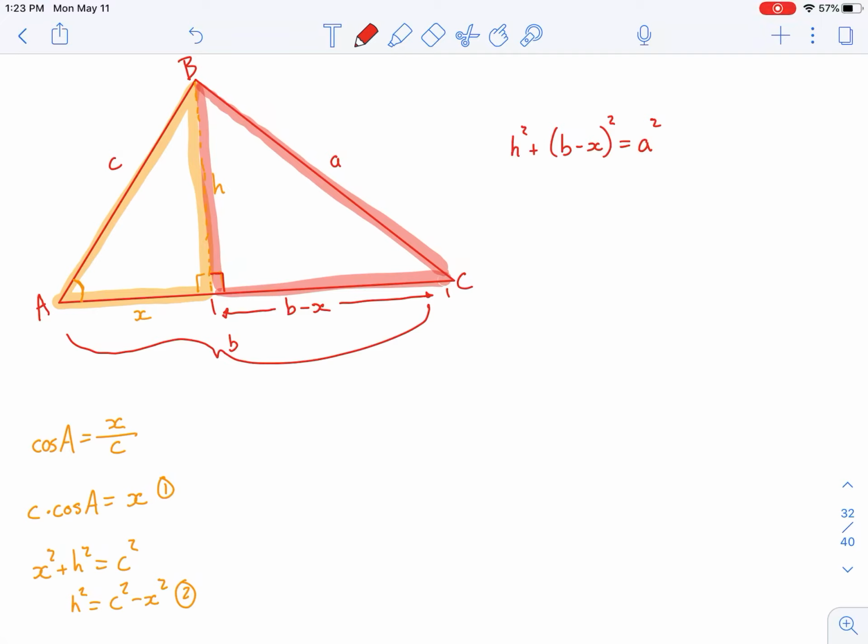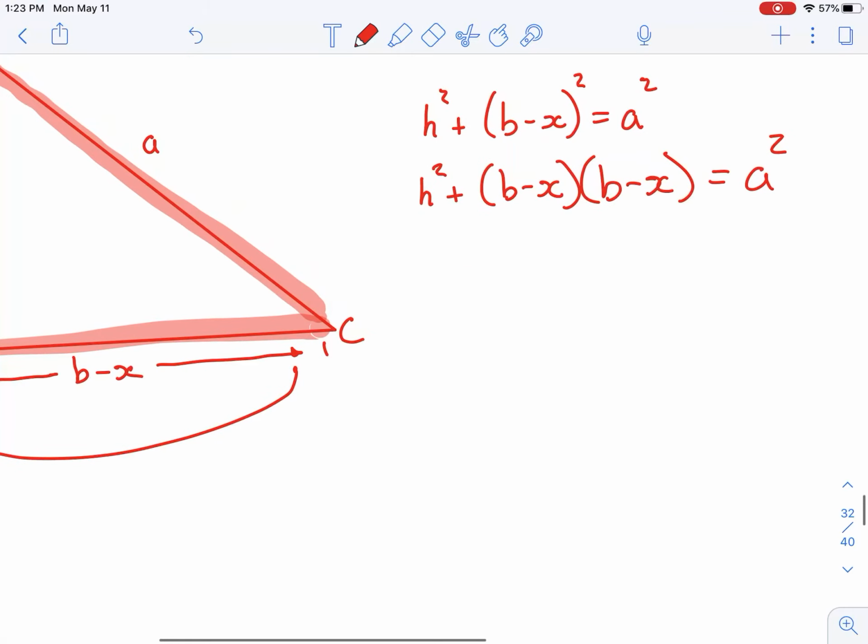So if we take a look at what to do here, I can see that we have h squared plus b minus x times b minus x is equal to a squared. So if you're an arrows man, you can draw in your arrows here. And let's start distributing this.